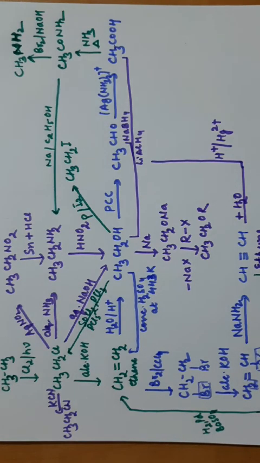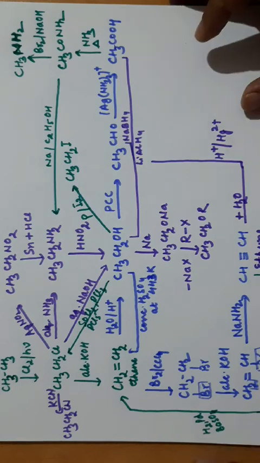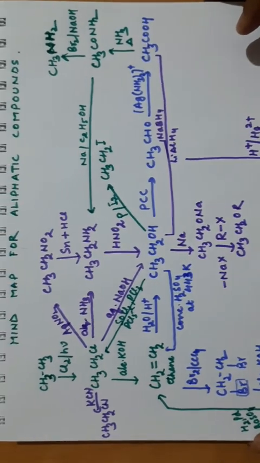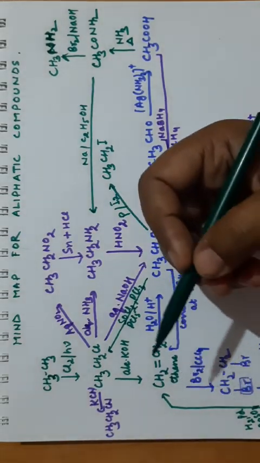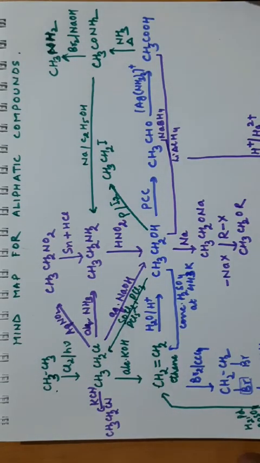You can do the reduction of alkyne, selective reduction. The reduction will stop at the alkene stage. If you have to do further reduction of this alkene, you can use hydrogen in presence of catalyst, and by using hydrogen in presence of catalyst, this alkene will be reduced to alkane.